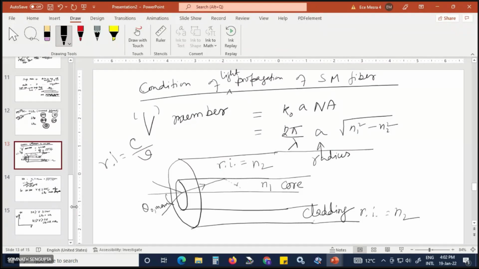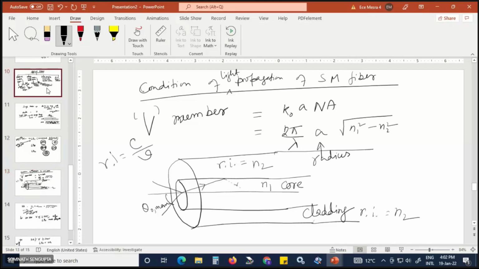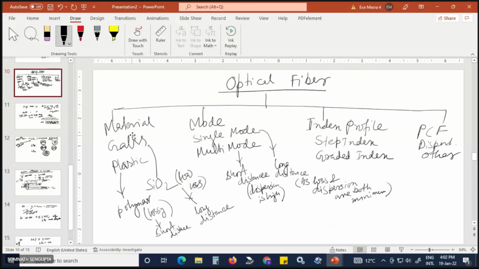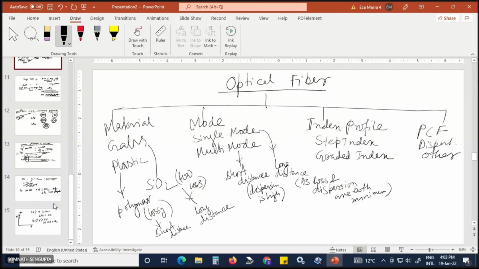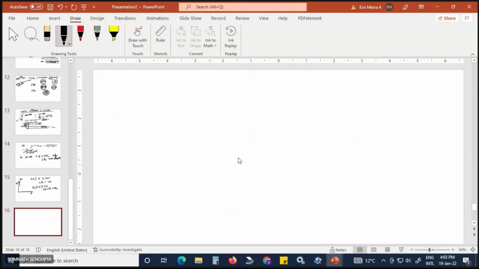So now, what we are discussing regarding fiber. Okay. So we have discussed material, mode, then index. Index is step index or graded index.